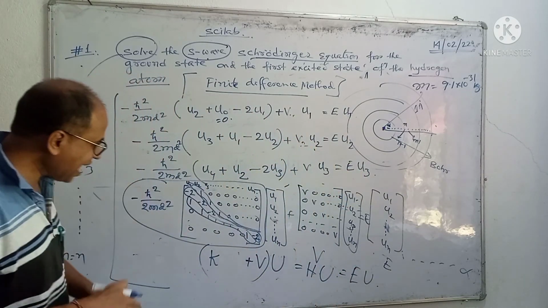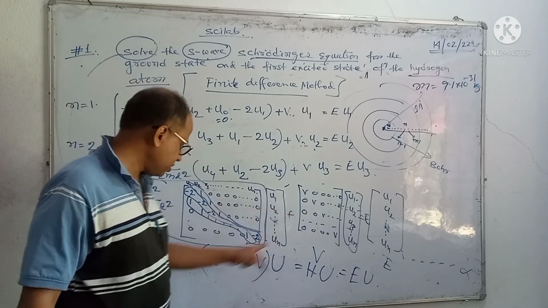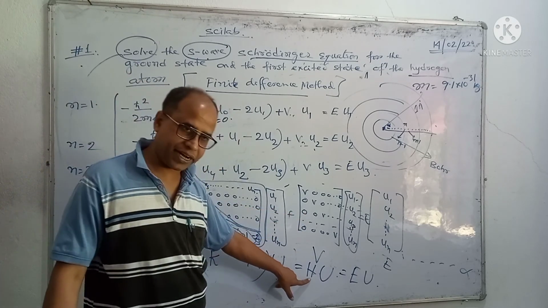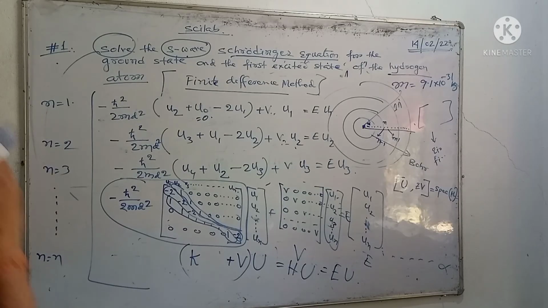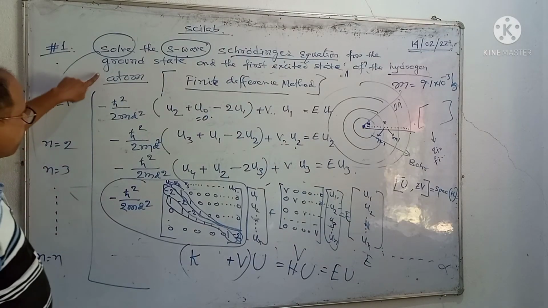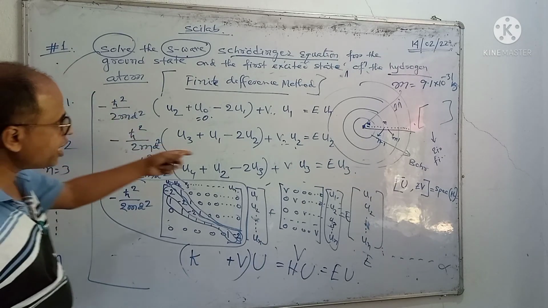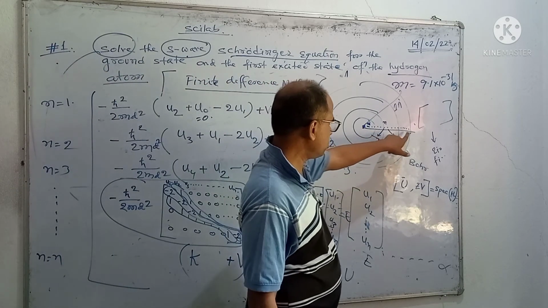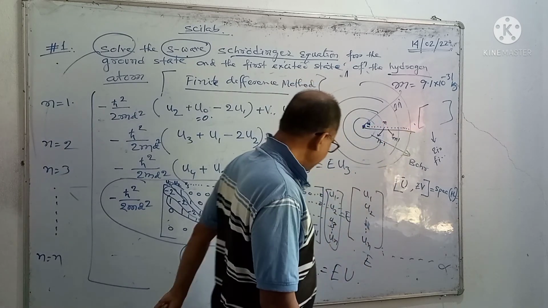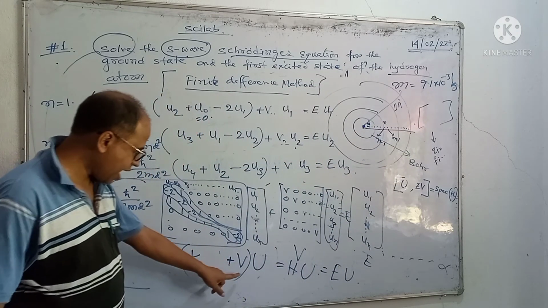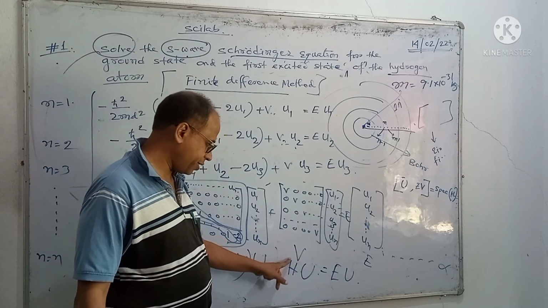Now, therefore, this is a matrix. H is a matrix. Therefore, in the programming, first I have to choose a grid. Second, I have to construct the Hamiltonian matrix.